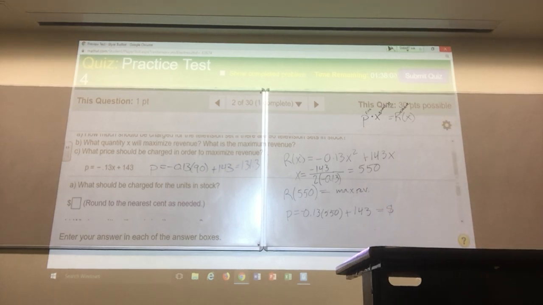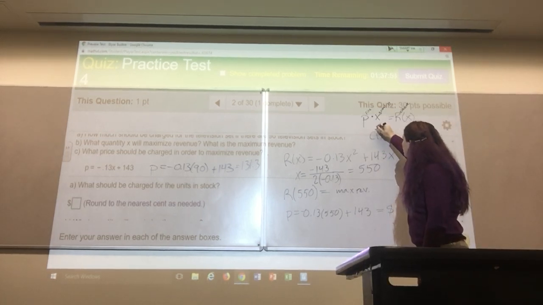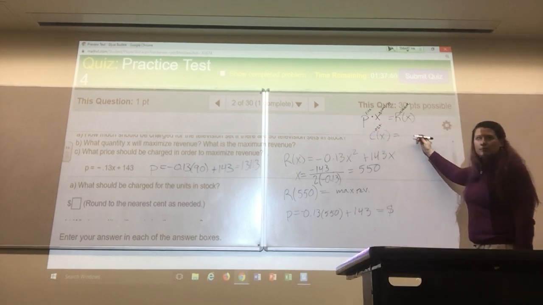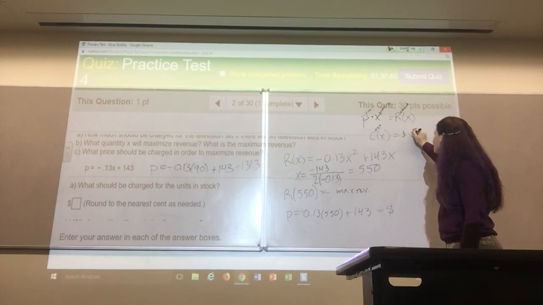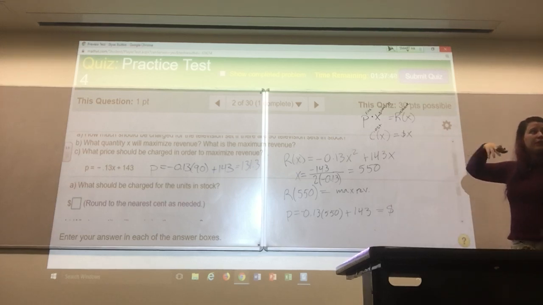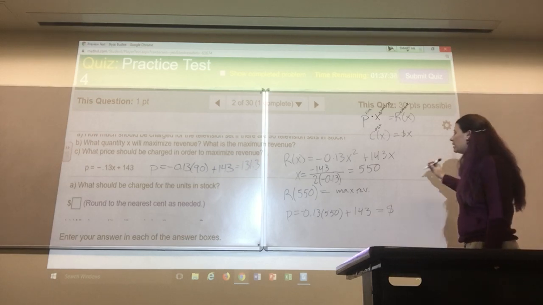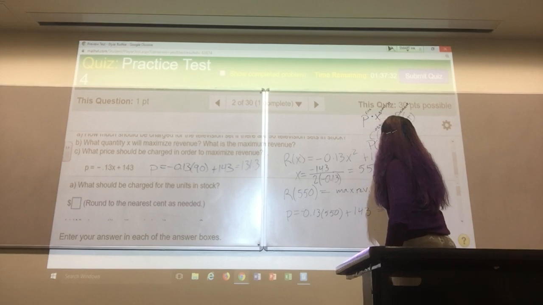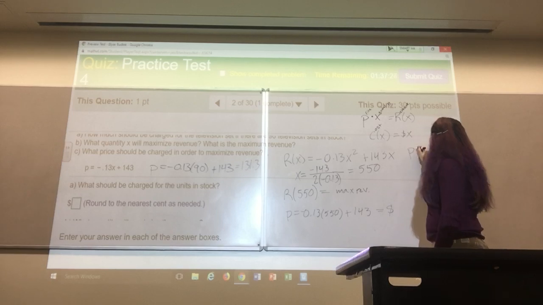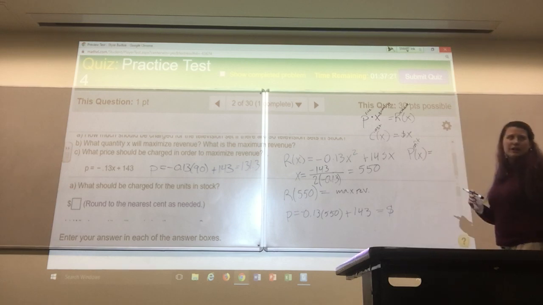Then after that we have C of X, which is the cost equation. That is usually some dollar amount times X, or they just give it to you. If they just give it to you, you don't have to do anything to it. Then the only other one is profit. Remember, this is capital P. How do we find profit?